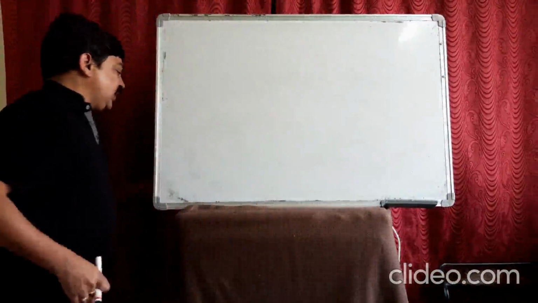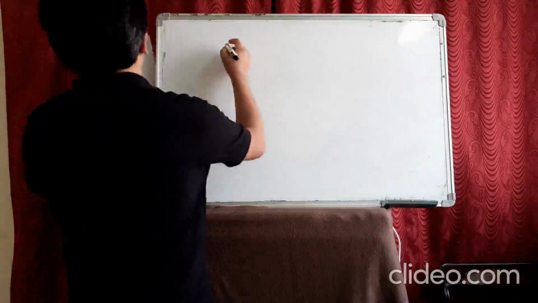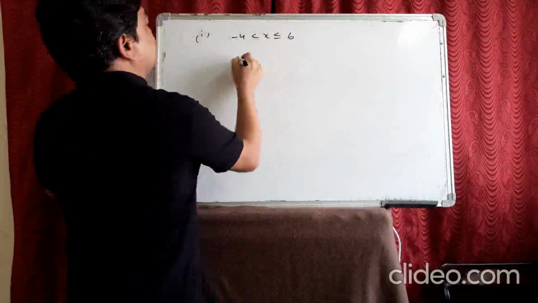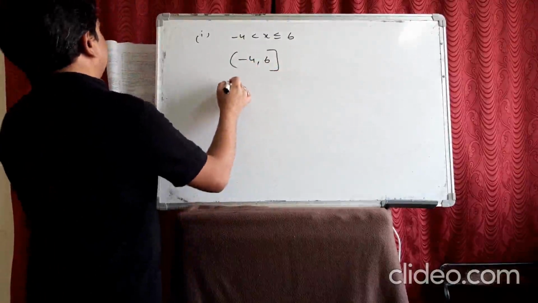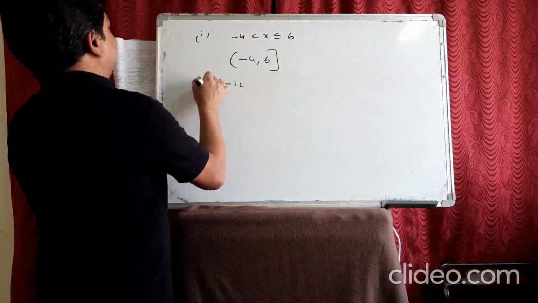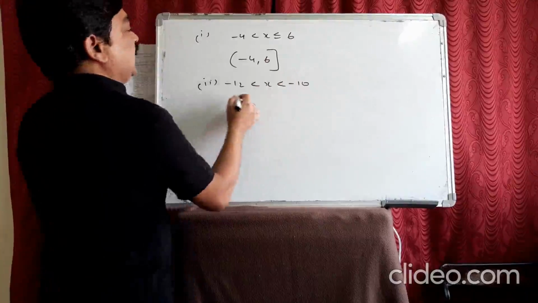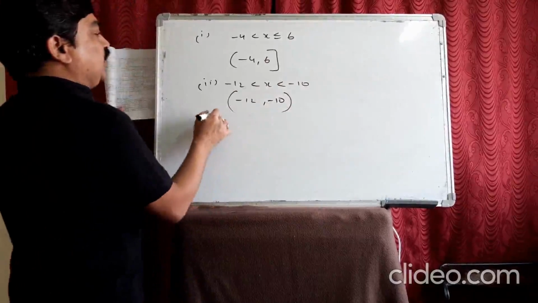Okay. Next question. Writing them in intervals. First one, -4 less than x less than or equal to 6. So -4 to 6 like this. Second one, -12 less than x less than -10. So -12 to -10, open interval because these are not included.